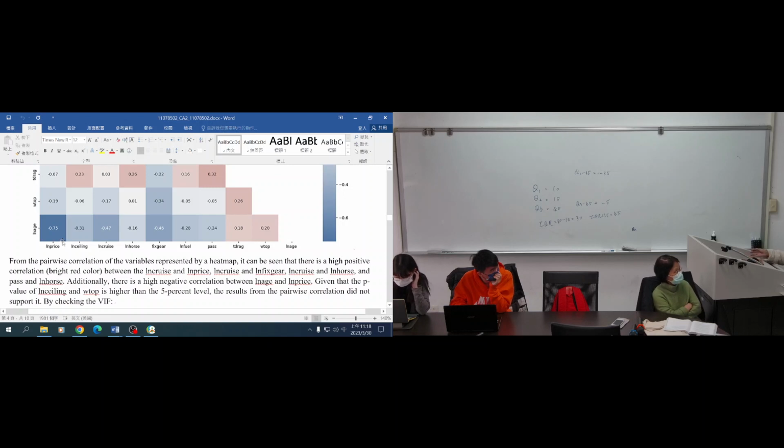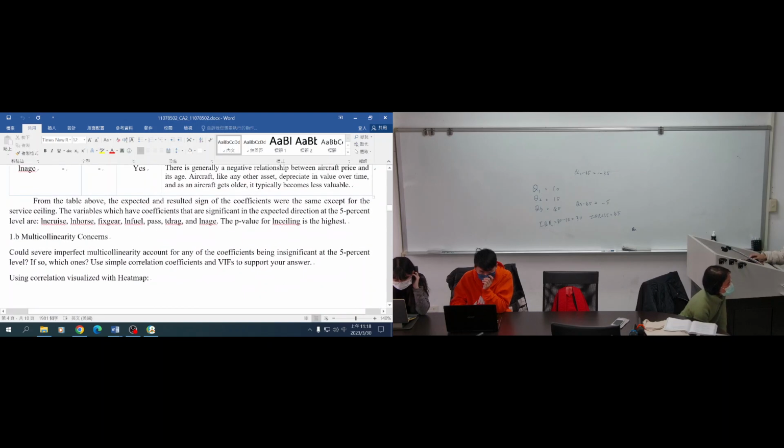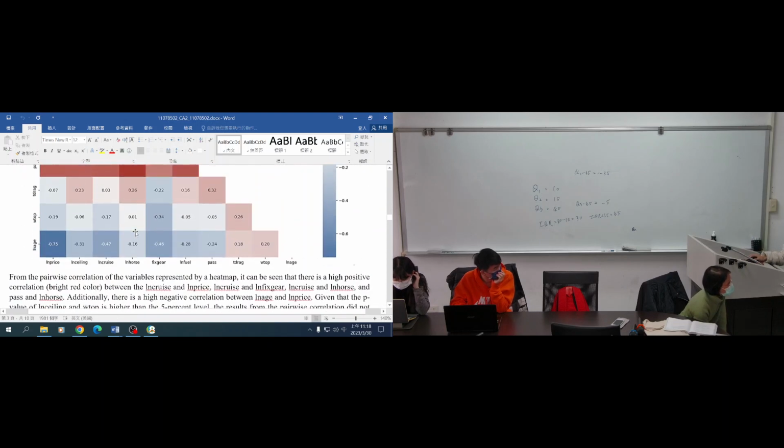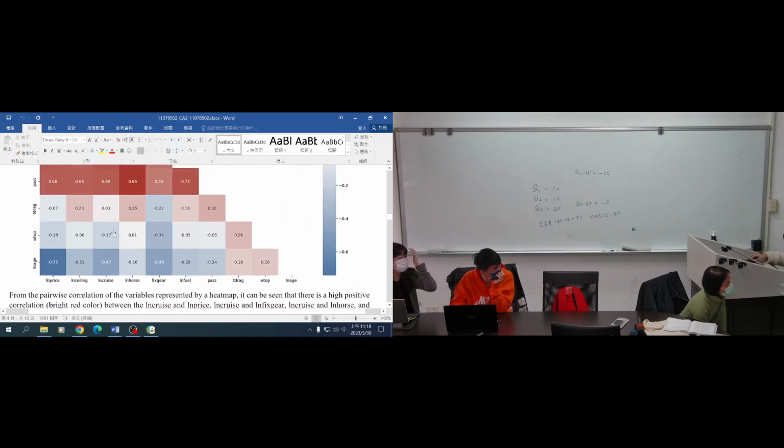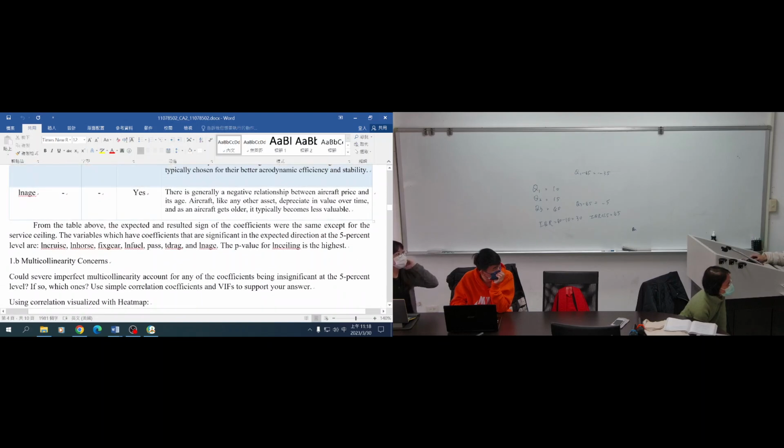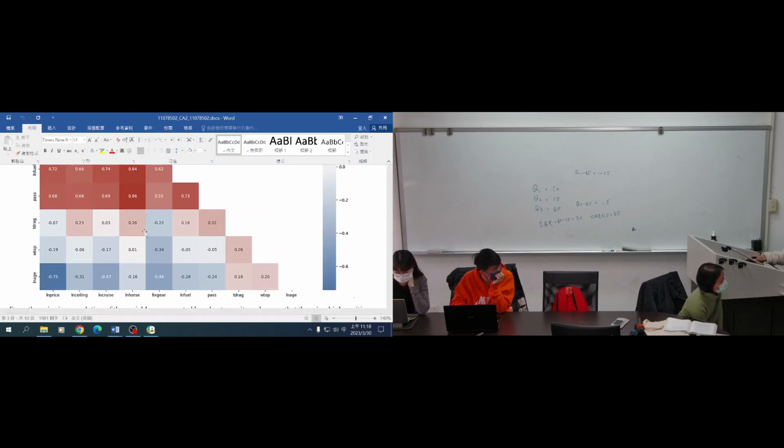And given that the p-value of ln ceiling and w top is higher than the 5% level, the results from the pairwise correlation did not support it from here. Oh, no, the correlation. Ah, the p-value from here. I don't have the p-value here.